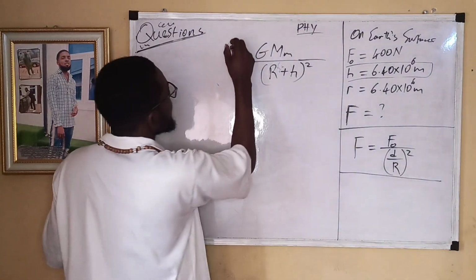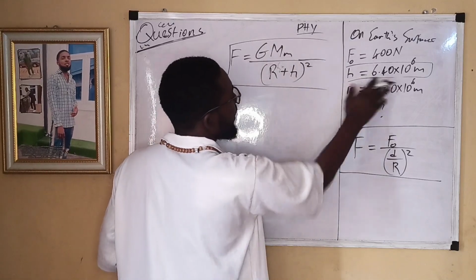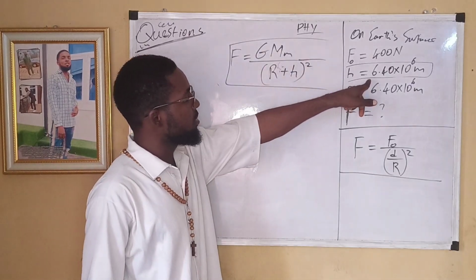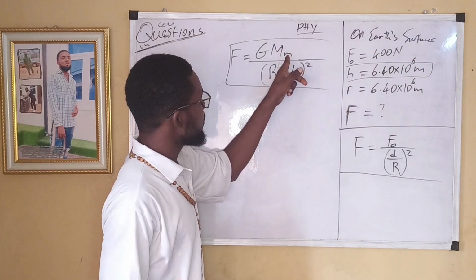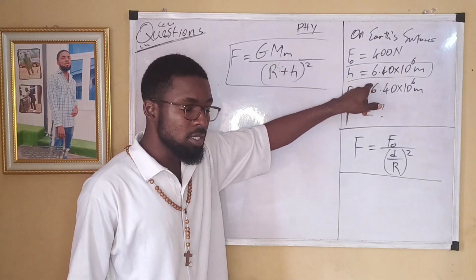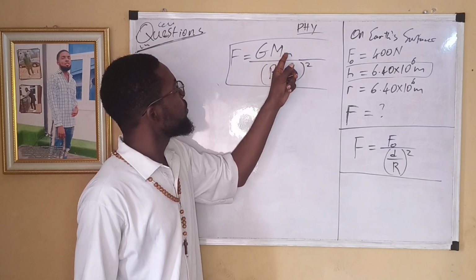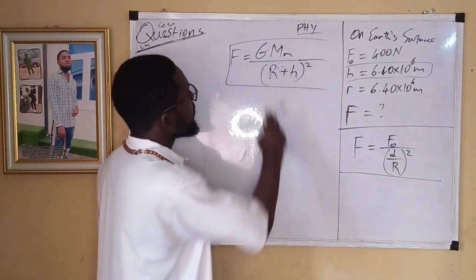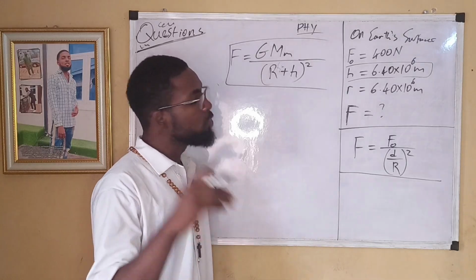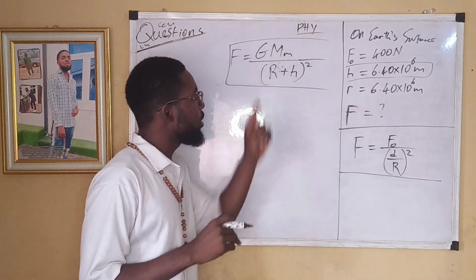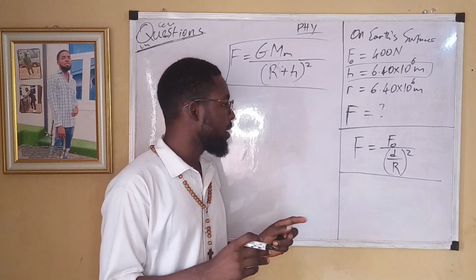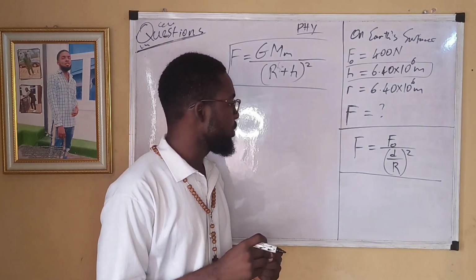But if you check this formula, we don't have some of the parameters from the question, like the mass of the Earth and the mass of the missile. The constants are not from the question either. But if you equate it right here, you might get a similar answer. But this is the actual formula to use.